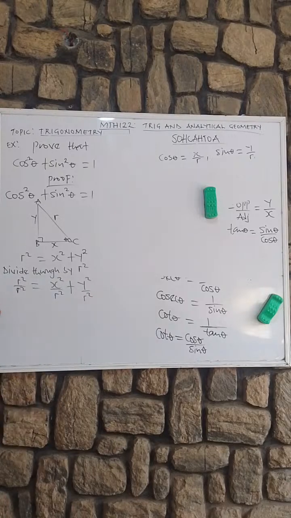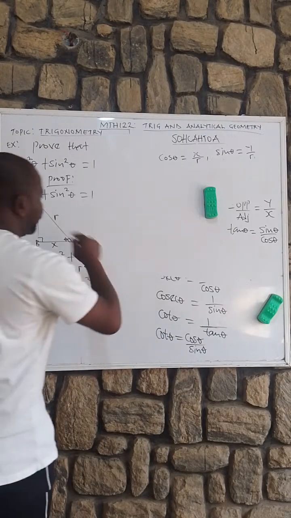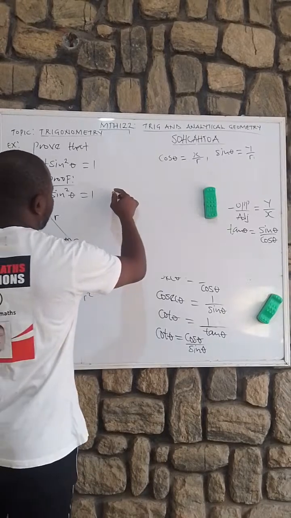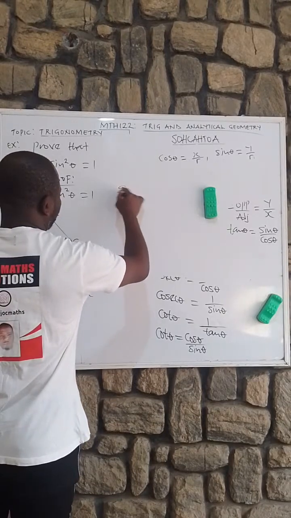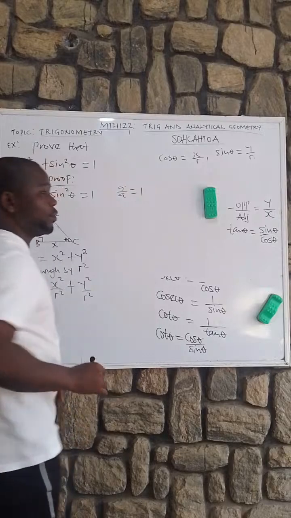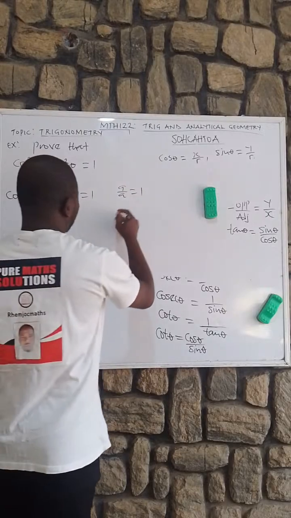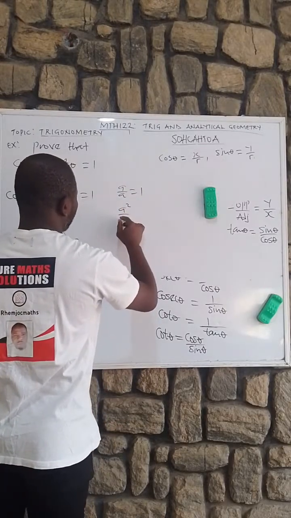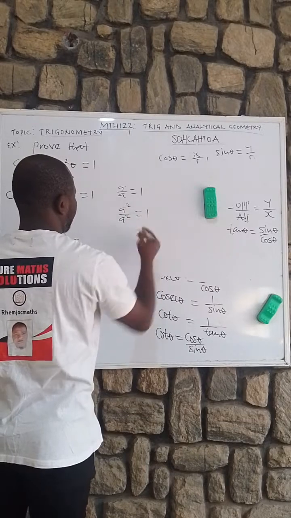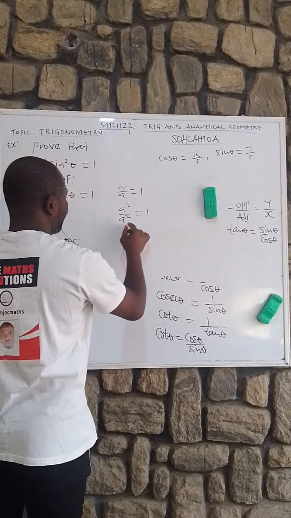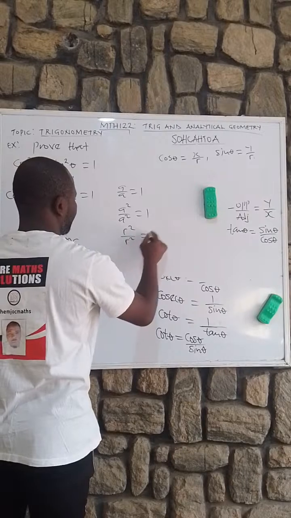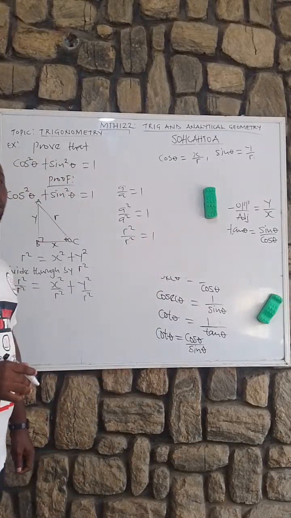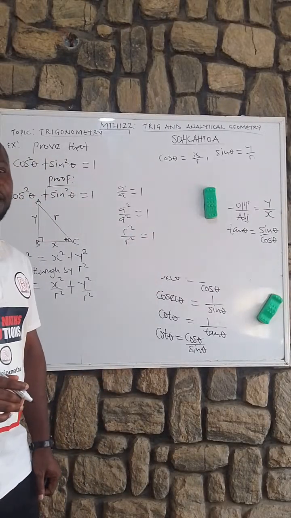True or false? In mathematics, if we have a divide a, this is always 1. Not to talk of if we have a square all over a square, it is the same thing as 1. So r square all over r square is equal to 1. Is that clear?